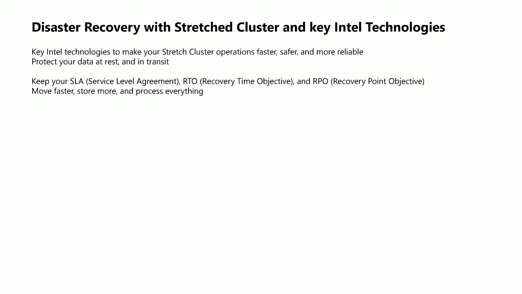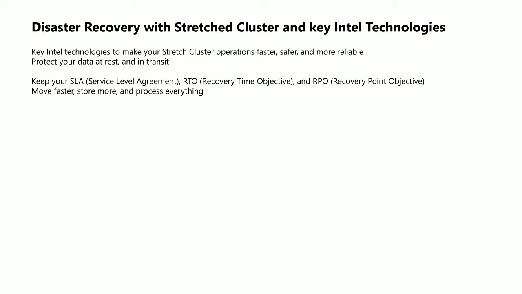Some key aspects of the stretched cluster, disaster recovery and business continuity. I'm not going to go over all the details, but some of the key things that I have to keep in mind are the SLA, the service level agreement, the RTO, the recovery time objective, and the RPO, recovery point objective. And that translates directly to the three things that I was talking about before: move faster, store more and faster, and process everything.